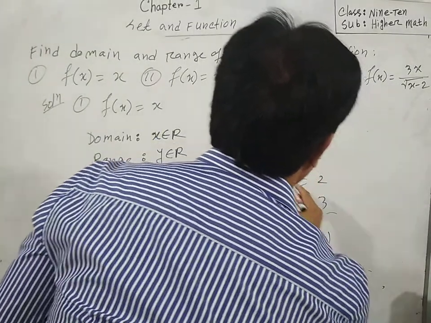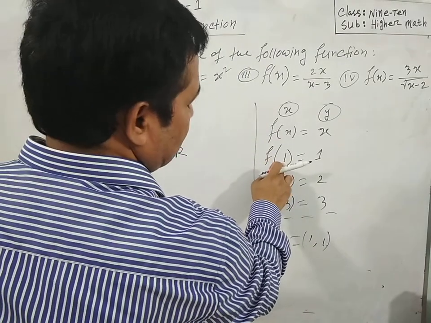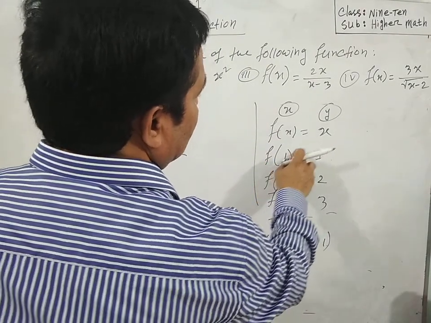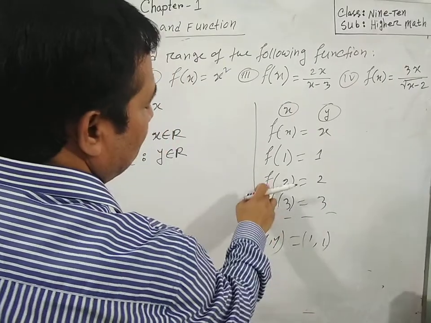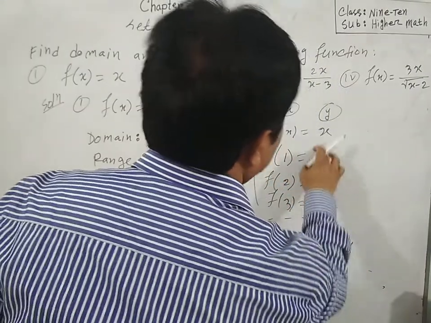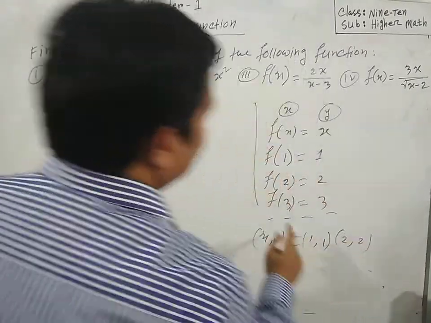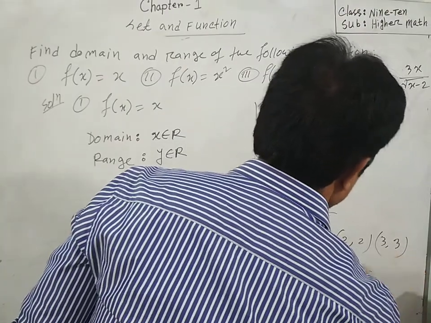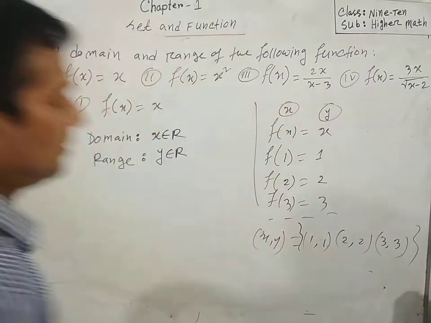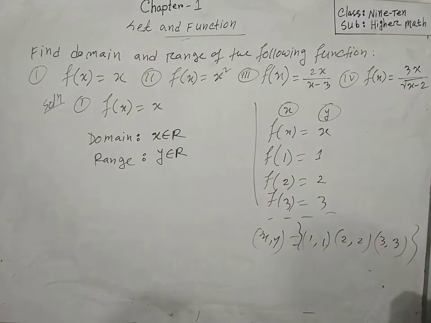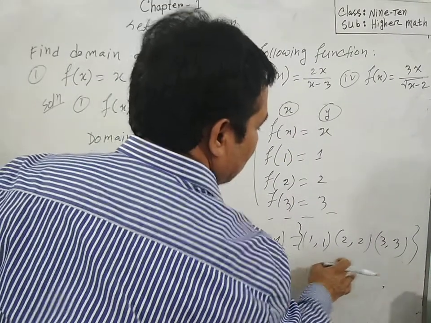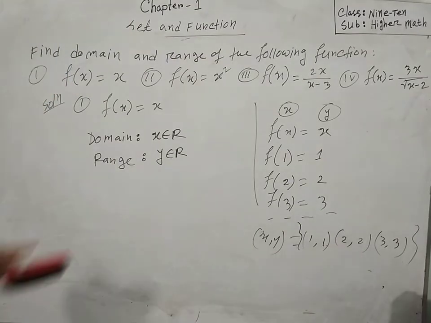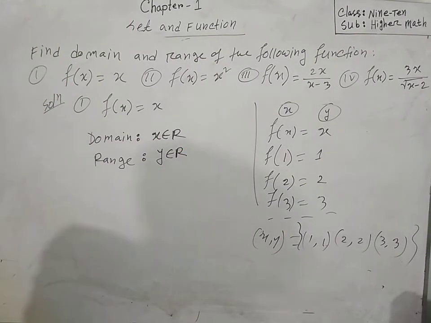When the value of x is 1, value of y is 1. When x is 2, y equals 2. When x equals 3, y equals 3. We can see here domain and range are equal. So you can write x belongs to R and y belongs to R. Do you understand? Okay, next.